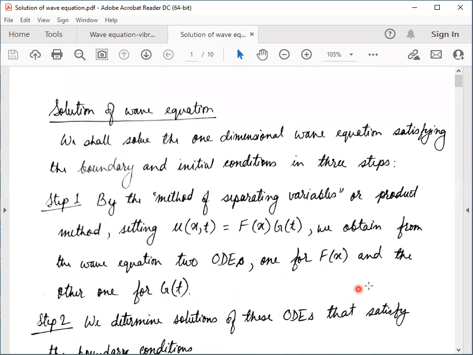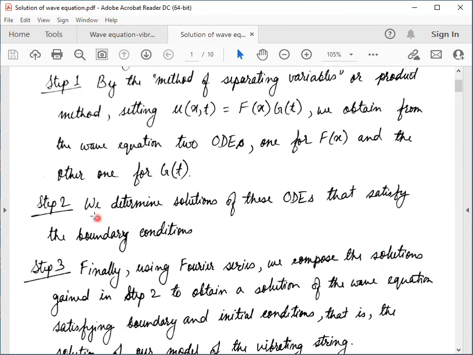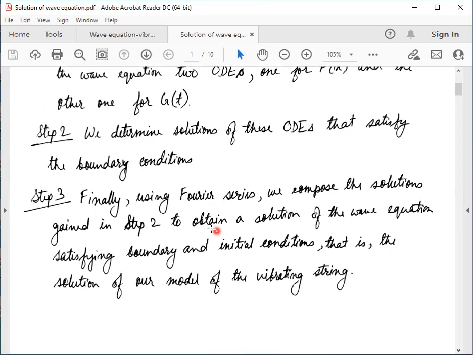That is step 1. In step 2, what will we do? In step 2, we shall determine solutions of these 2 ordinary differential equations that satisfy the boundary conditions. That is, we are going to solve these 2 differential equations and then put in the boundary conditions.